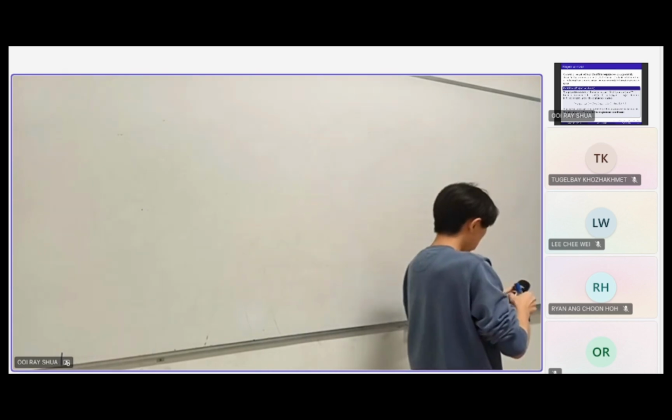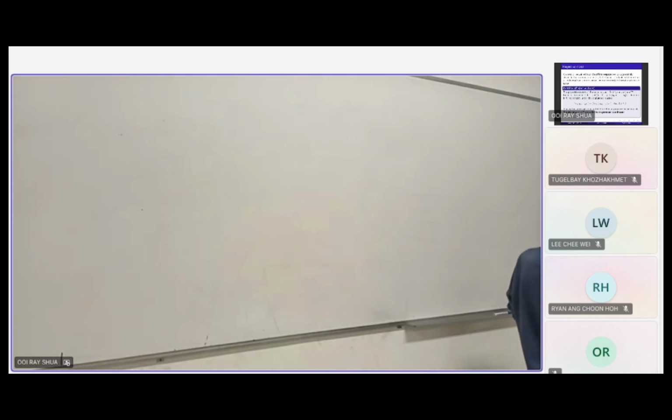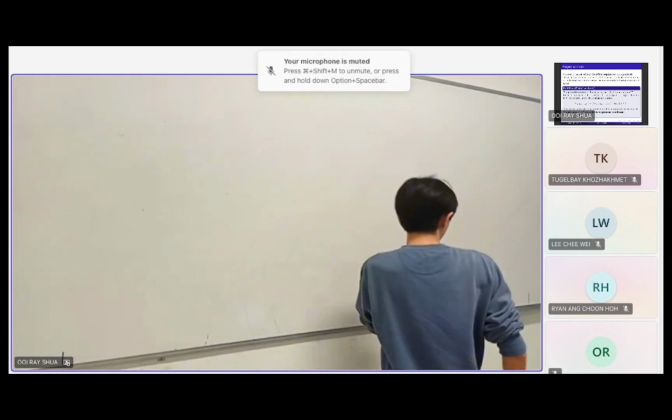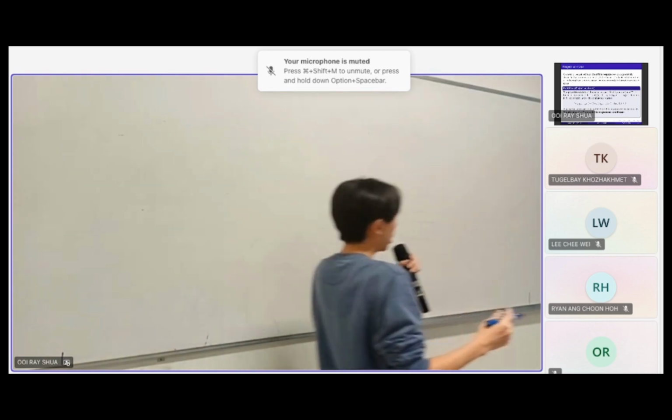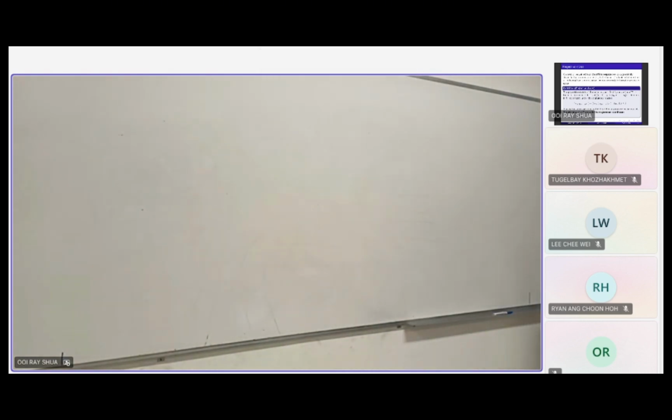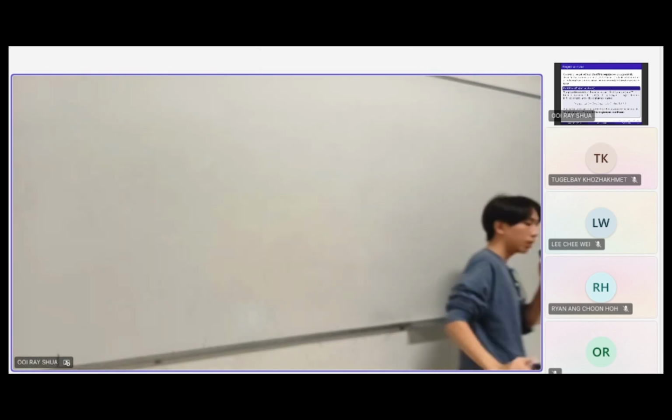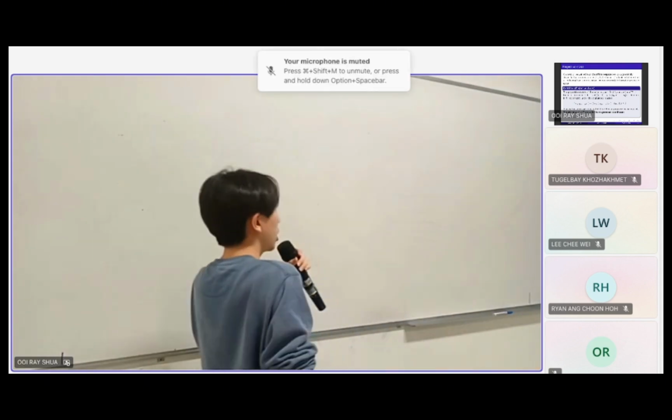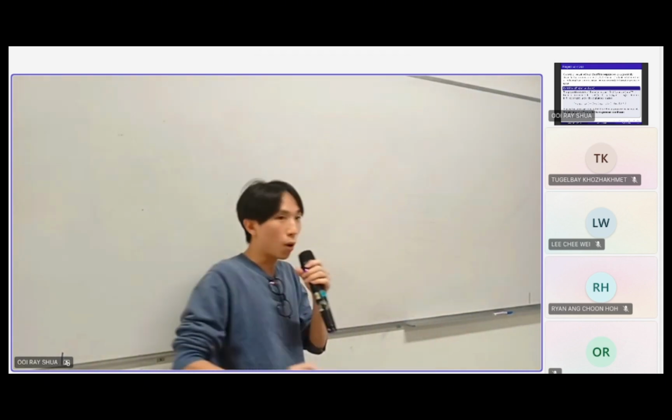So before that, I will talk about the elements that actually live in a projective space of n dimensions. The elements that live in the projective space are actually equivalence classes of points.